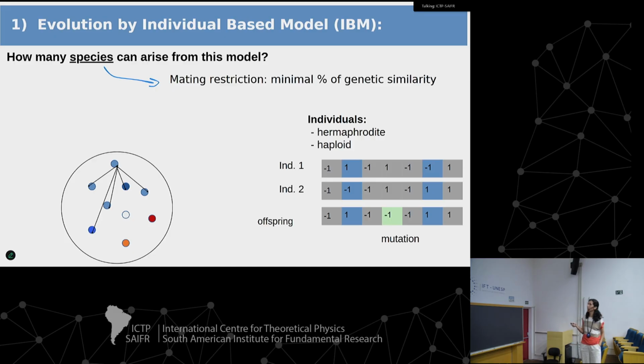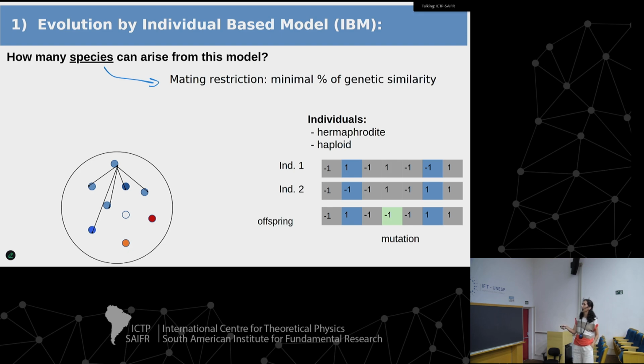To define a species, we need to impose what a species is. If you impose a mating restriction, as Marcus mentioned, we can define species as the group of individuals that allow gene flow. Given this restriction on mating, each arrow here means these individuals can mate because they have enough genetic similarity. But this individual, for example, does not mate with this one, although the colors are still blue here.